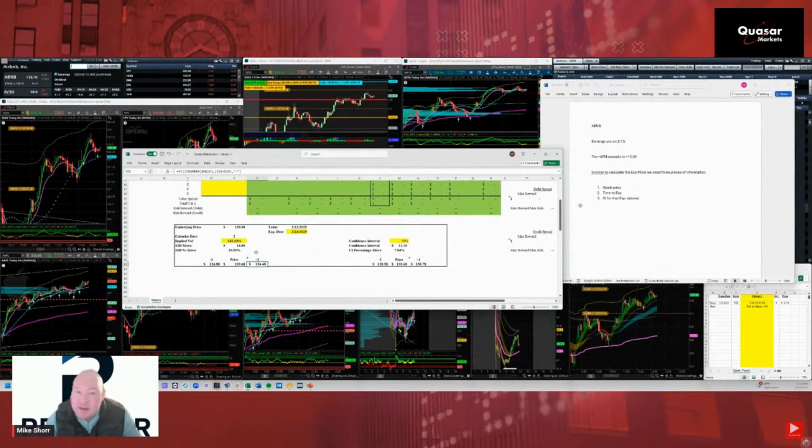Now, that doesn't mean that we can't get a move that's more than a standard deviation or maybe even more than 2 standard deviation moves, but it doesn't happen all that often. So you have to weigh probability versus profitability. Okay, does everybody understand that? Or does anybody have any questions on that?